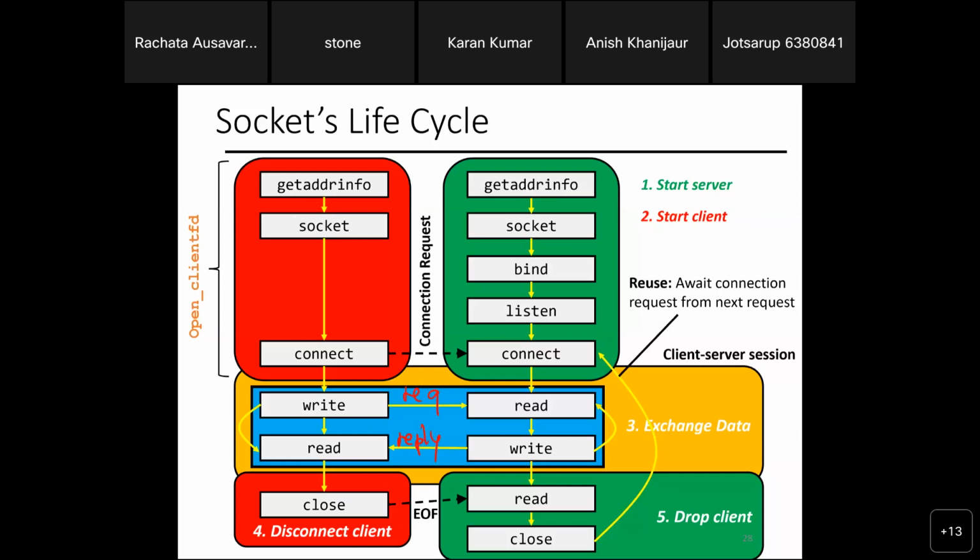Okay. Let me rephrase your question if I understand it correctly, right? Your question is, well, if I treat this connection as a file, what actually physically happened? That's a great question, actually.